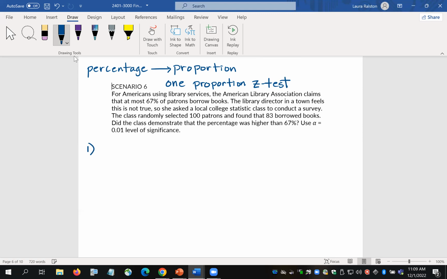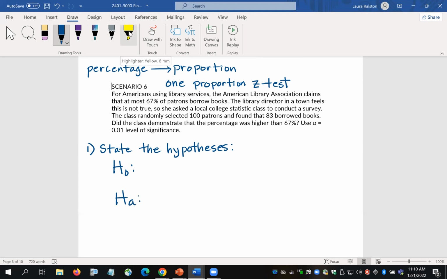So we begin, as we always do with any hypothesis test, and we state the hypotheses. So you have your null and the alternative.